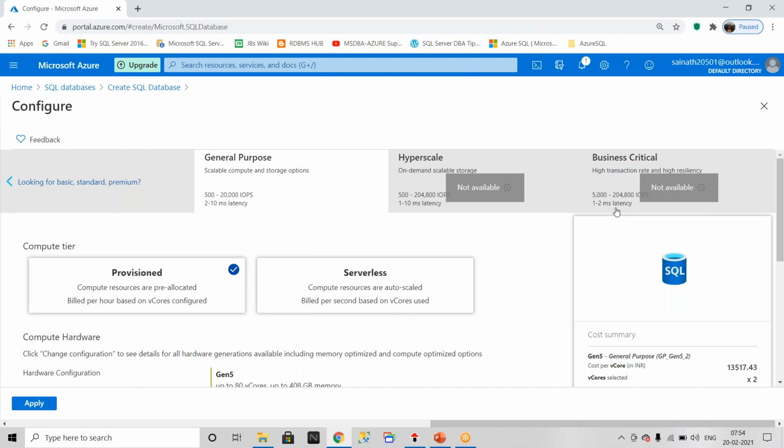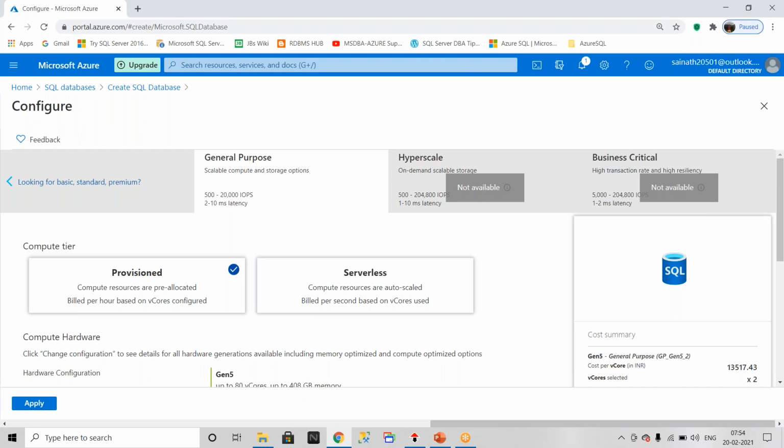If you want less latency, then go for Business Critical. You get 1 to 2 millisecond latency for IOPS, inputs and outputs, when you go for Business Critical. For General Purpose, it is 2 to 10 milliseconds. If 10 is comfortable, then you can go for General Purpose.